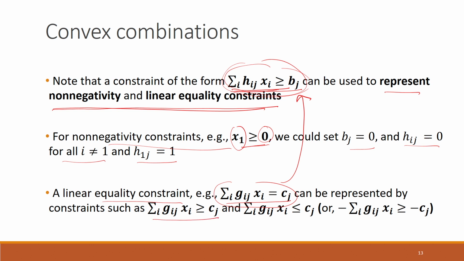One is summation gij xi greater than or equal to cj and the other is summation gij xi less than or equal to cj. Okay, and we can multiply this constraint by -1 on both sides, so we get this. Now this is of this form here, where hij is equal to minus gij and bj is equal to minus cj.